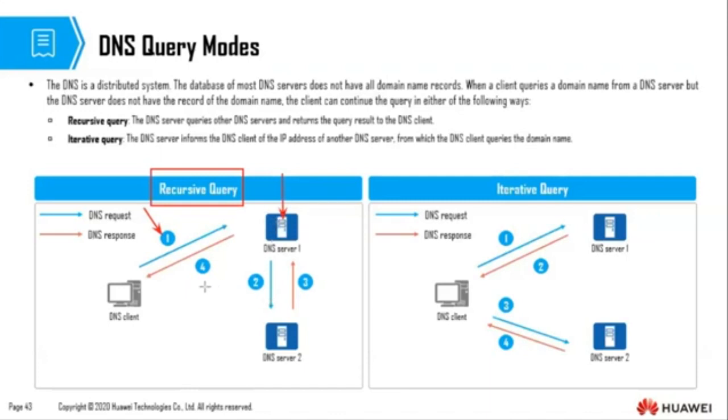So the MMU DNS server has been configured to send a request to the Google server for any domain name whose IP address it does not have. So it's going to send to the Google server. Then the Google server is going to reply, hey, you can find Huawei.com on 2.3.4.5. Then finally, the MMU DNS server is going to respond to the client and tell the client, hey, you can find Huawei.com on 2.3.4.5.